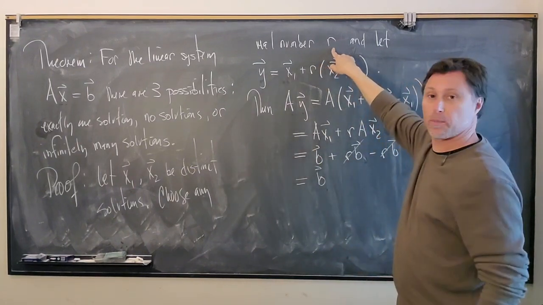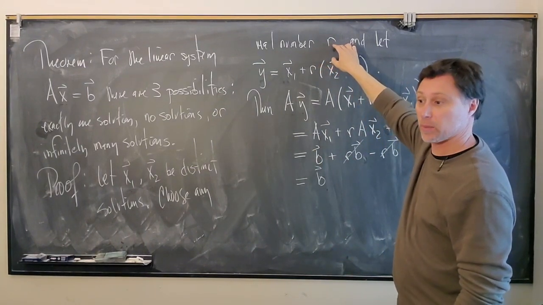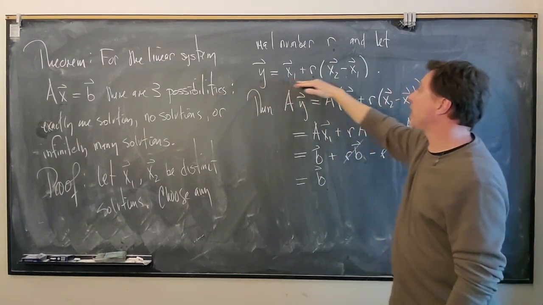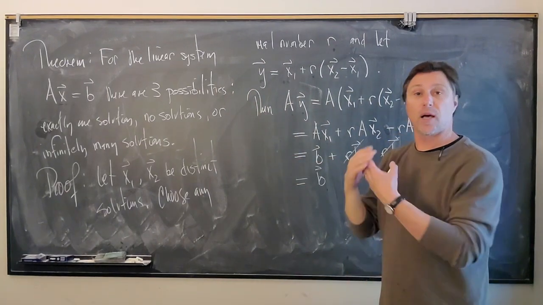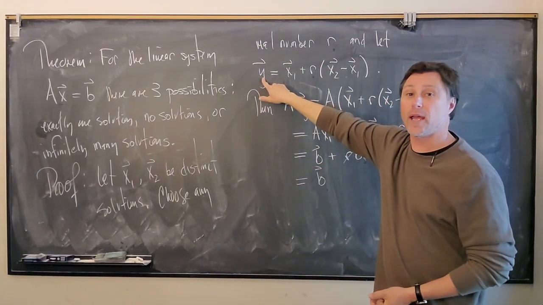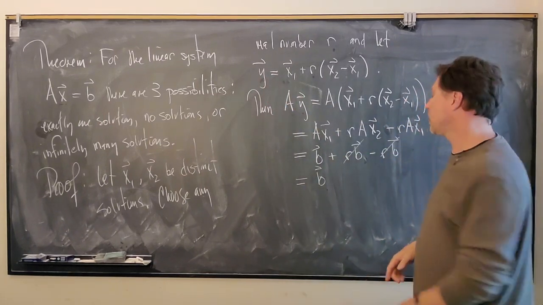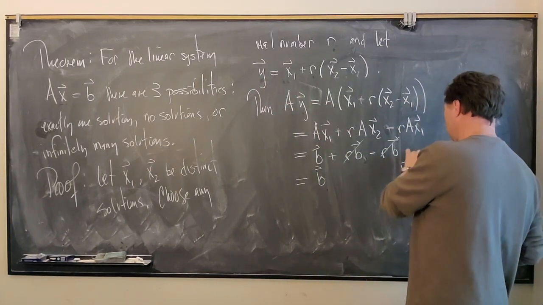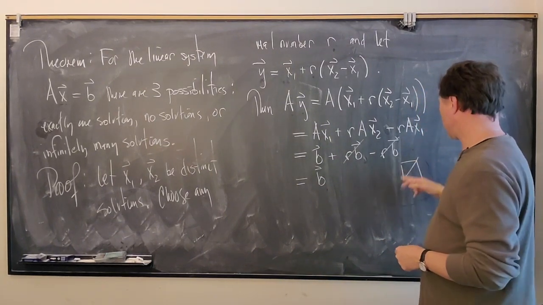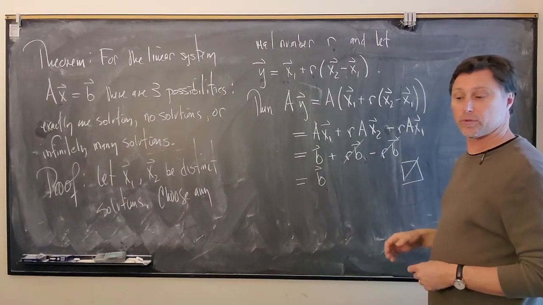Well, there are infinitely many real numbers, which means that for every choice of r, we can create a new solution y. Because there are infinitely many such y's we can create, there are infinitely many solutions to our linear system. When we conclude the proof of some theorem, I'll put a little box right here to indicate that we've ended the proof.